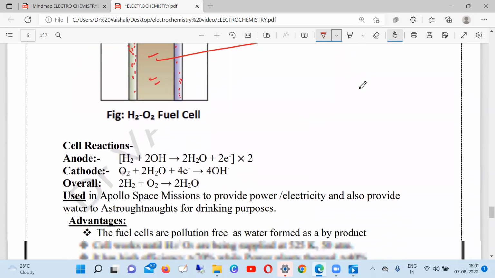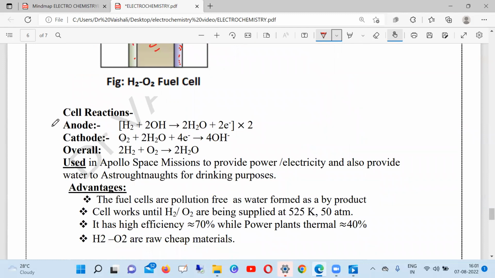Okay, now we see the reaction. Anode पे क्या लिया हमने, hydrogen, cathode पे क्या लिया, oxygen. So at anode, hydrogen reacts with electrolyte, that is aqueous NaOH, to form water. So hydrogen is getting oxidized into water by loss of electrons. At cathode, oxygen gains electrons with water to convert into OH minus.